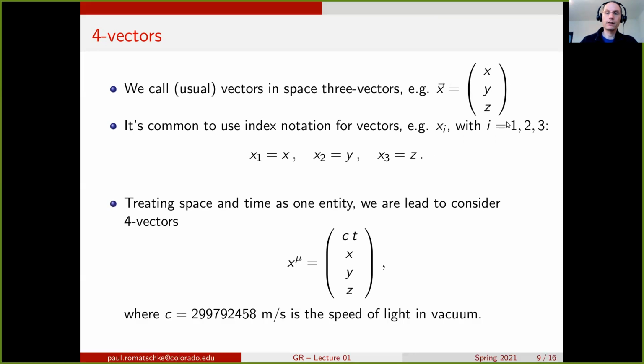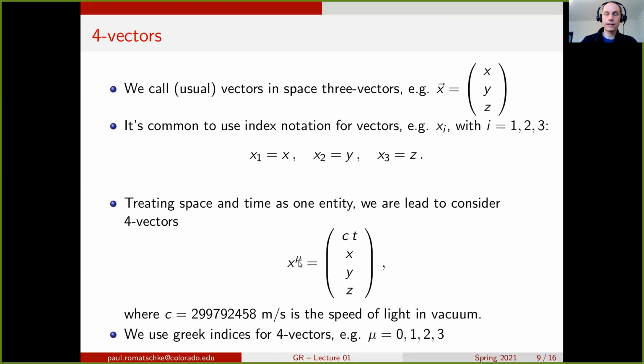If we are to treat space and time as one entity, we are then led to consider so-called 4-vectors that lump together space as a vector and time. We write these together as a 4-vector, which we denote as x^mu with Greek indices, where c here is the speed of light in vacuum, such that all entries of x^mu have the same dimensions.